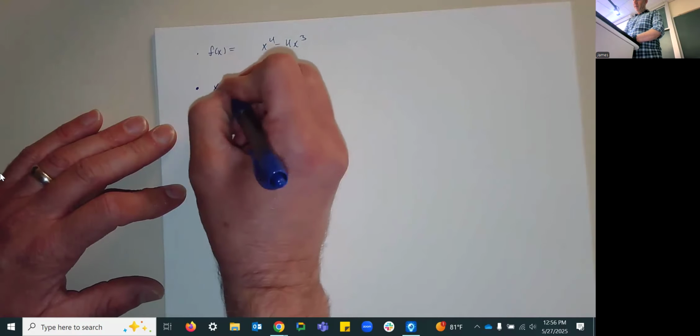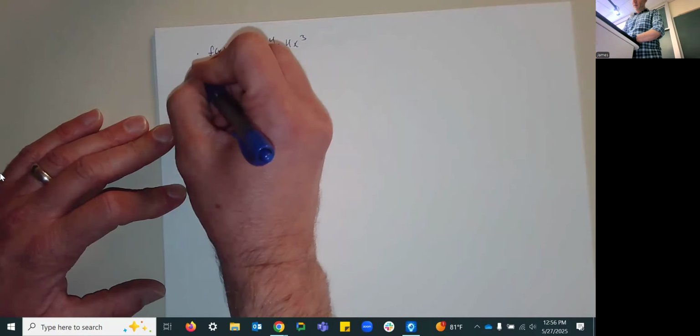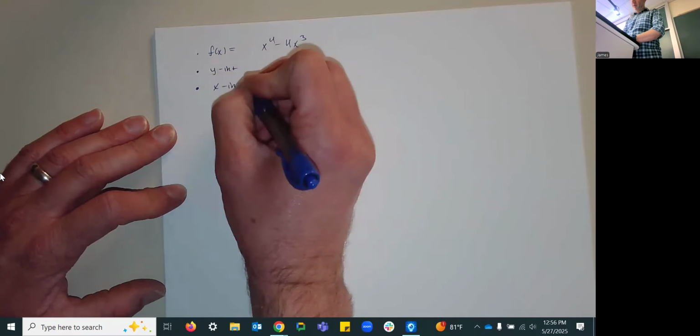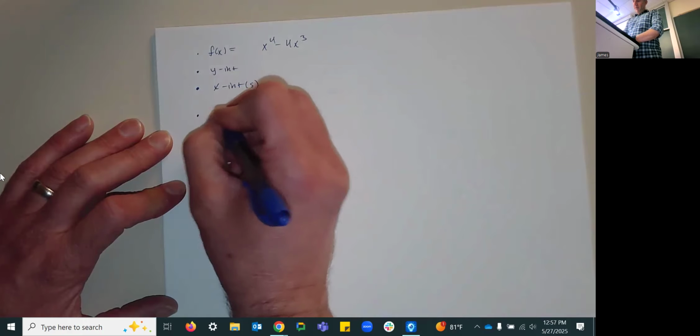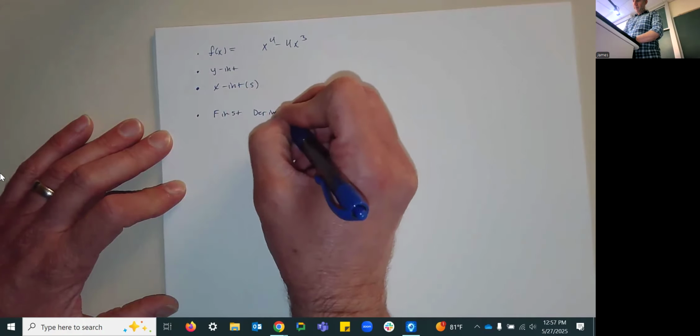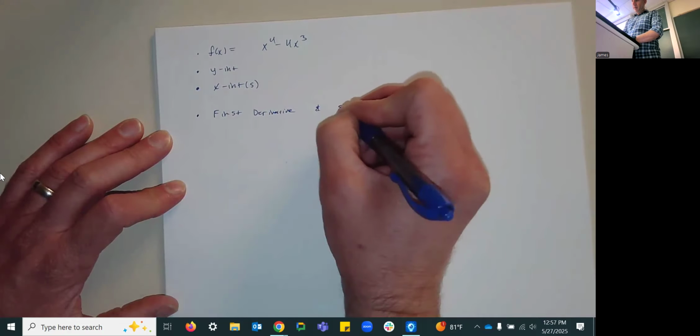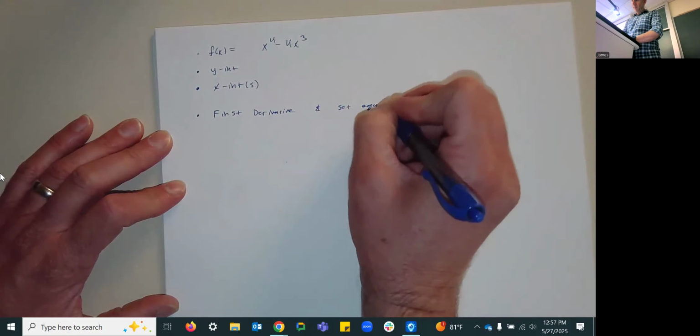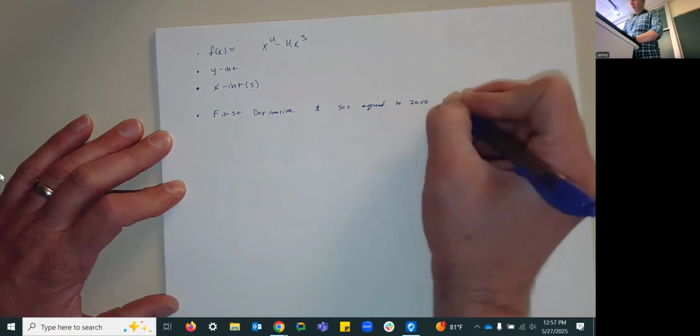Find the y-intercept. Then find the x-intercepts. There are no asymptotes. Find the first derivative and set equal to 0 to find the critical points.